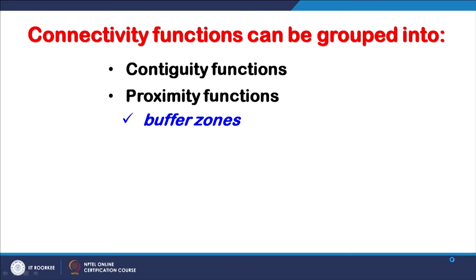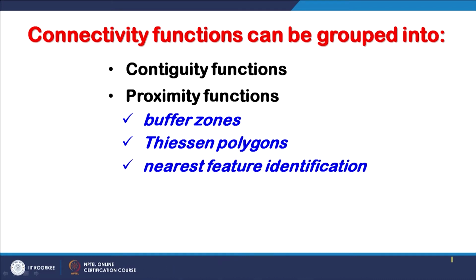So, that is proximity, directly connected. Similarly for polyline and polygon. The proximity functions also include the Thiessen polygon, which we discussed while discussing interpolation techniques, and nearest feature identification, which we also put in these proximity functions.